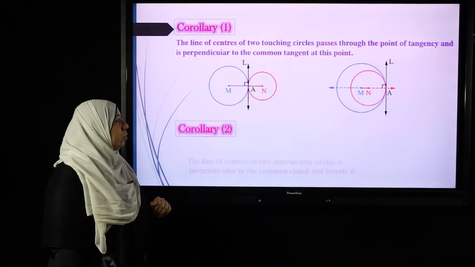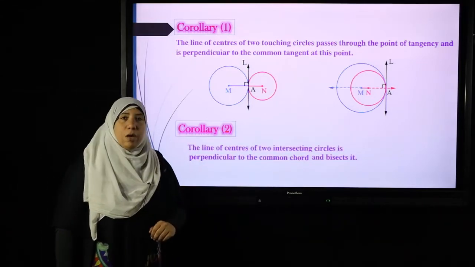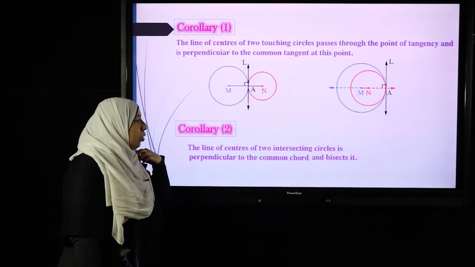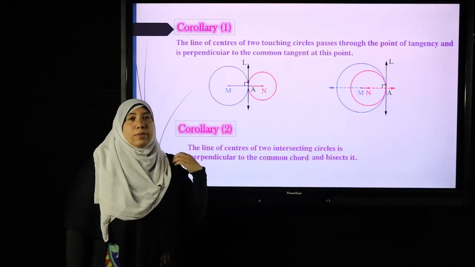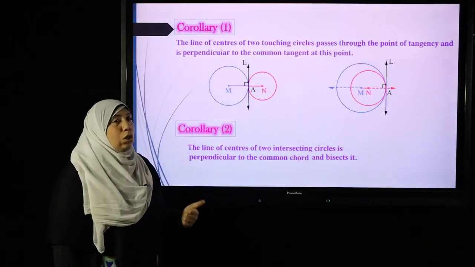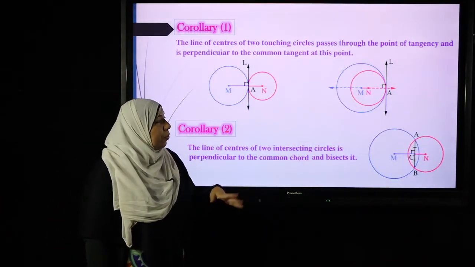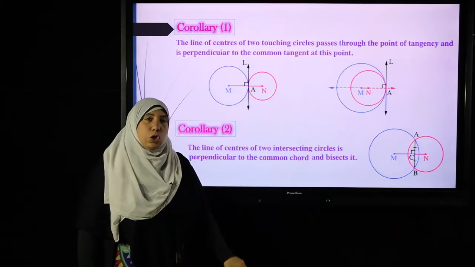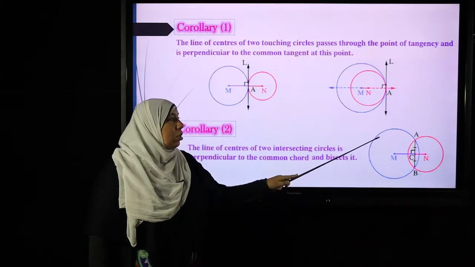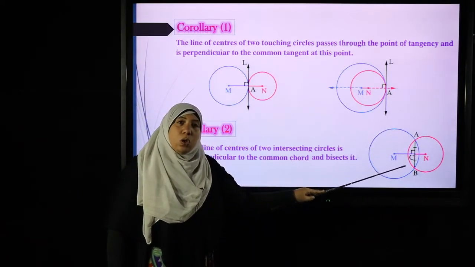Corollary number 2. The line of centers of two intersecting circles is perpendicular to the common chord and bisects it. Not perpendicular only, here it's perpendicular and bisecting. For example, if I have two intersecting circles like this, MN is the line of centers, AB is a common chord.